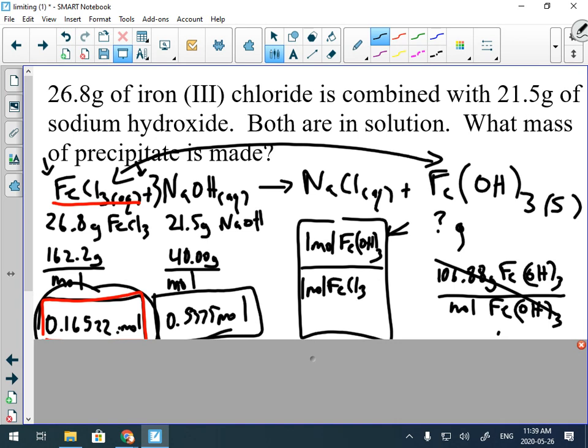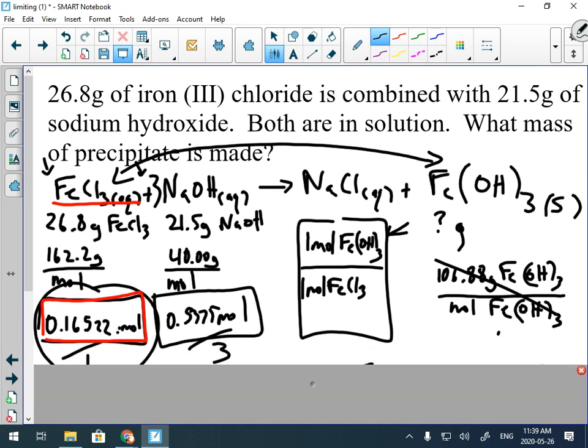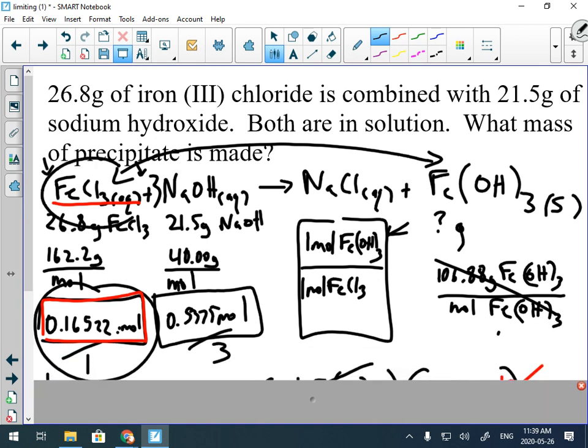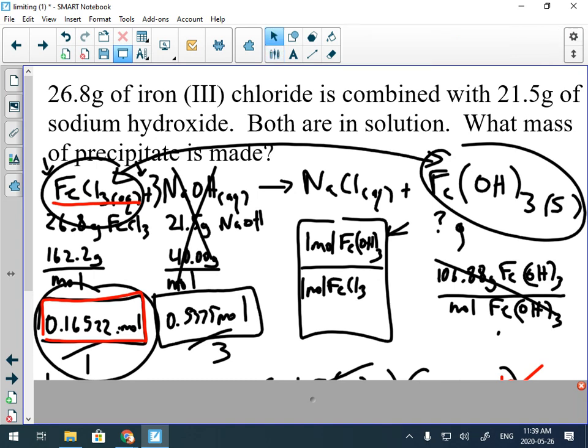Now, you can maybe do that in your head and say, oh, okay, obviously if I divide this by 7, it's going to be the smallest number. The limiting reagent is then the substance that you use to compare to the substance you have to solve for. Now, as you can see, we don't really need to use the other one anymore once we figured out what the limiting reagent is.